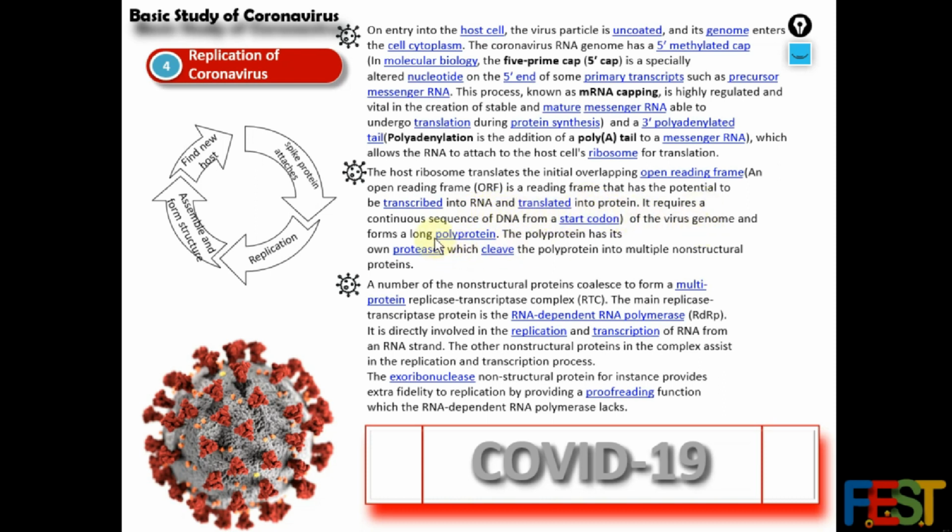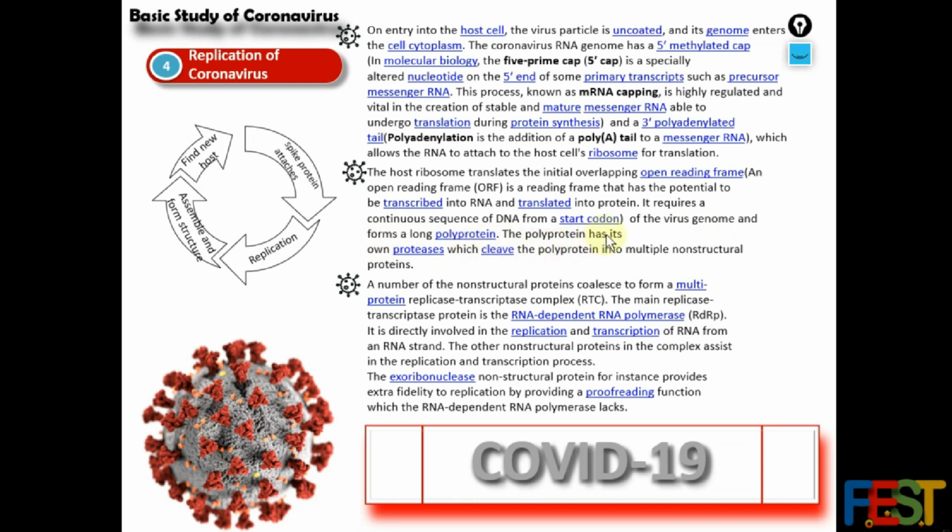It requires a continuous sequence of DNA from a start codon.